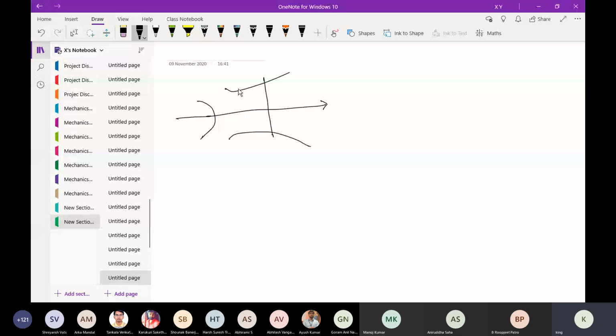The other way would be to simply look at the coordinates of this point and find out the corresponding K value, so you put in that particular value of S in your 1 plus K GSHS equal to 0.